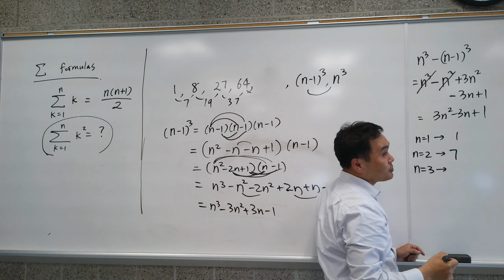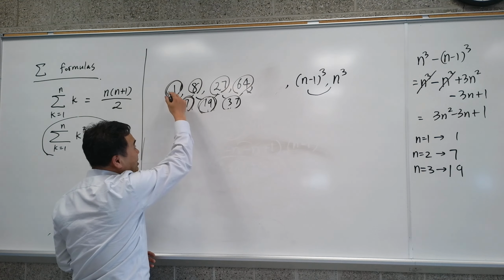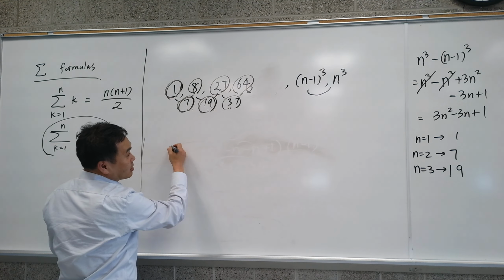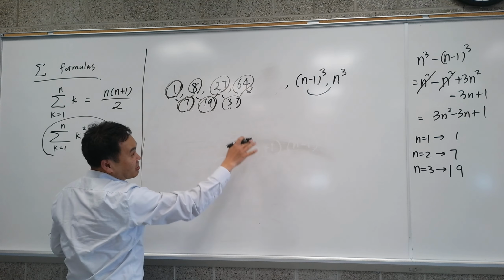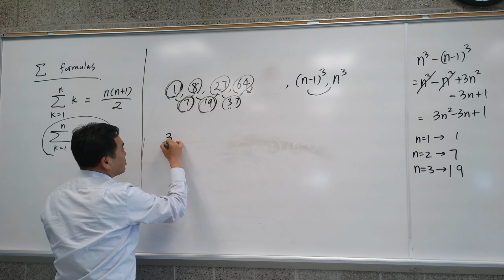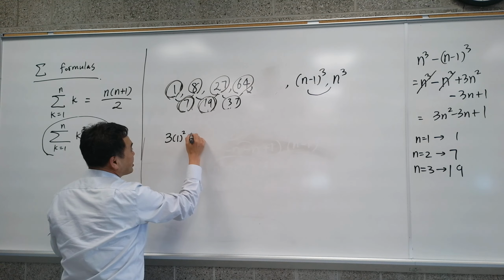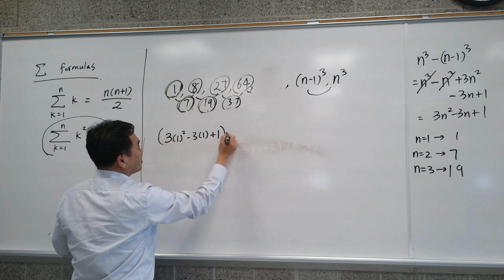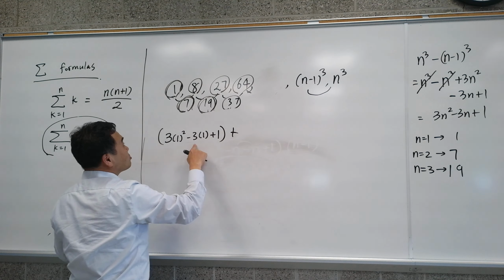the summation. We can write this summation in the following way. All of these are numbers of this form, and I get 3 times 1 squared minus 3 times 1 plus 1. This is really a complicated way of writing down 1, okay?